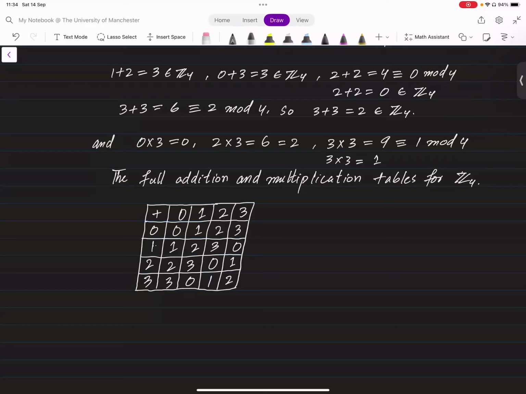This is under addition. Similarly, we can write something under multiplication.